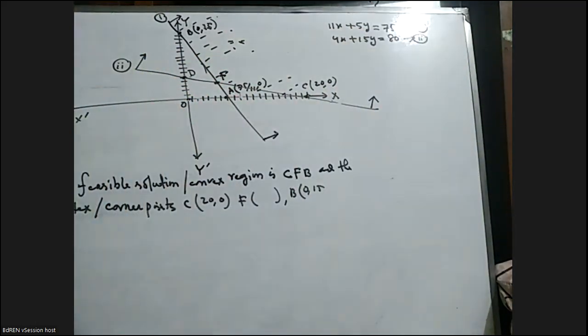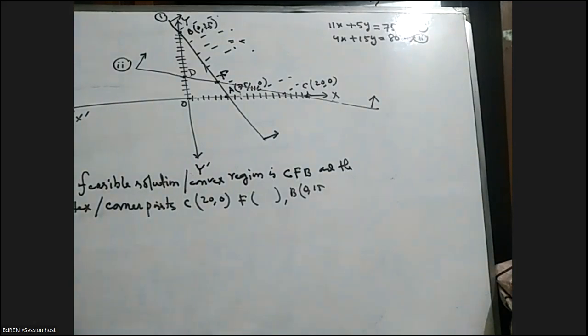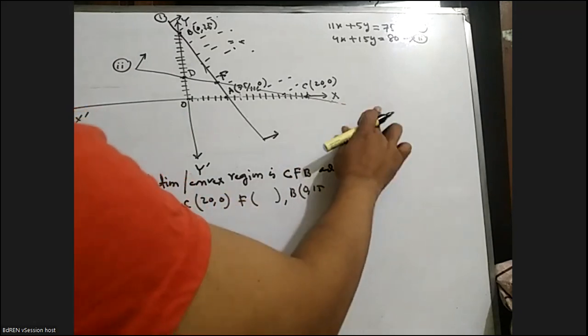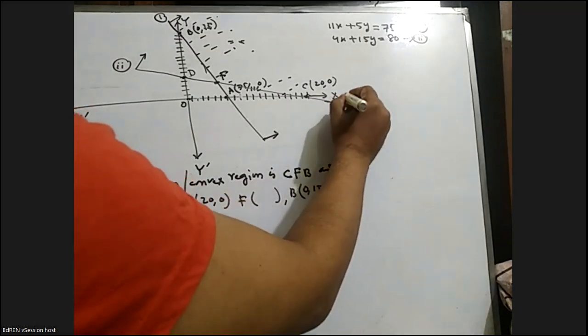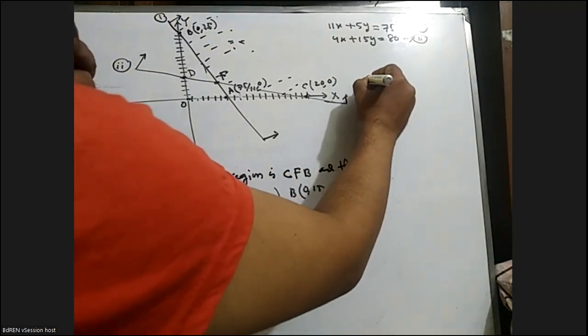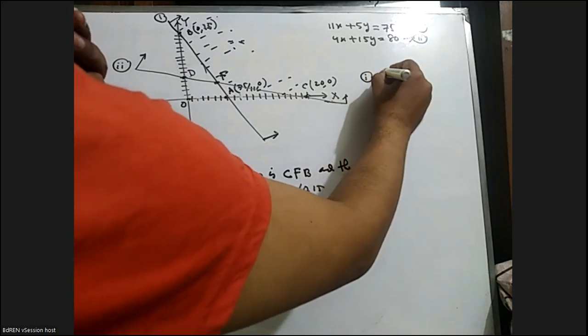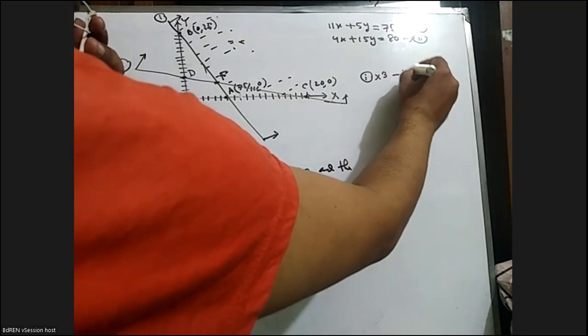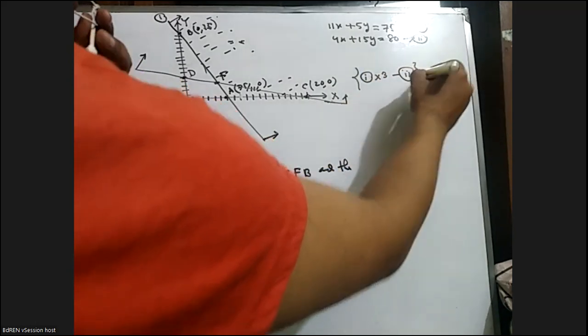Now we will try to solve this. If we multiply equation 1 by 3, then we get 15y, and then subtract equation 2.